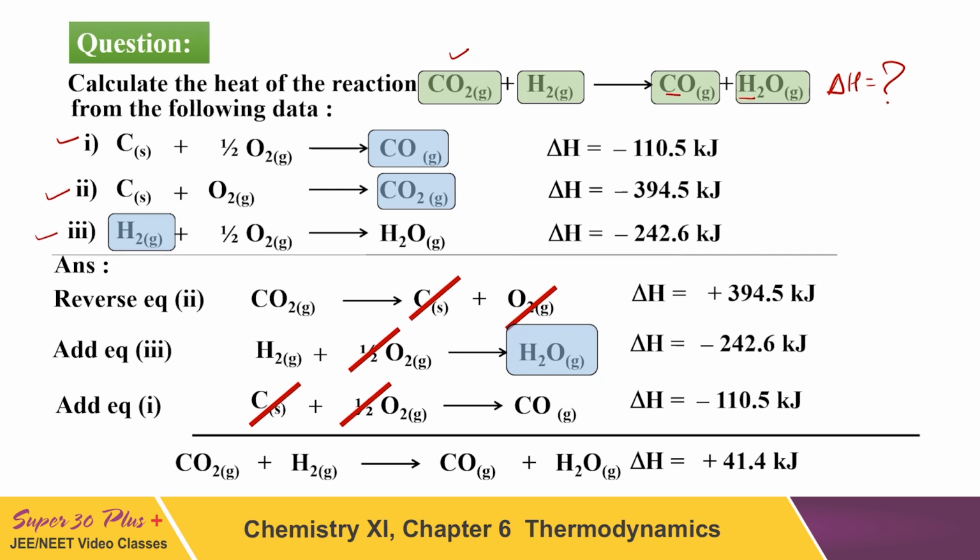First reaction is carbon plus half O2 gives CO. Second is carbon plus O2 gives CO2. Third one is H2 plus half O2 gives H2O. And the enthalpy values for these respective reactions are already given.